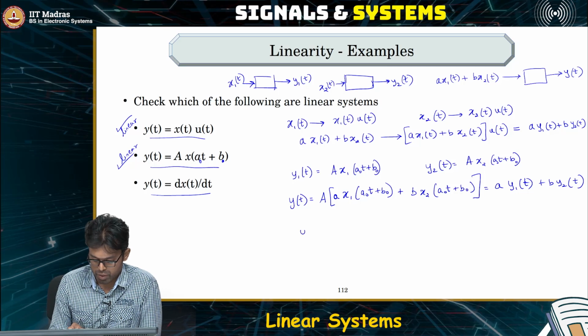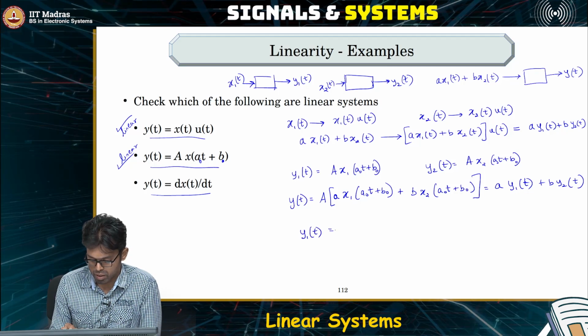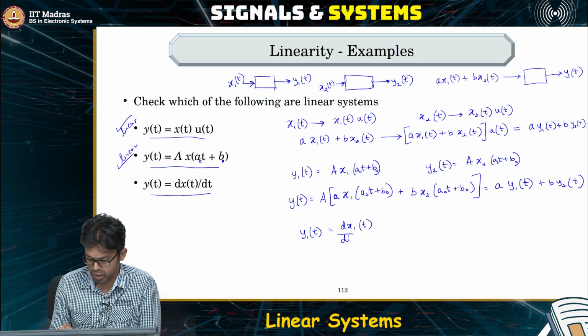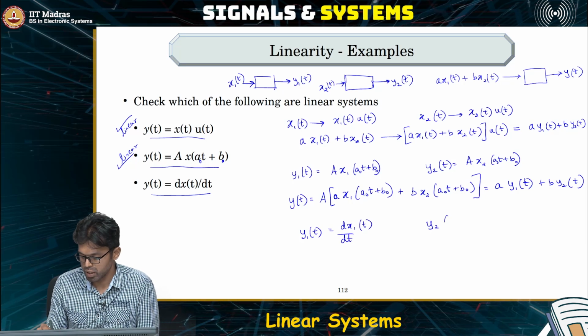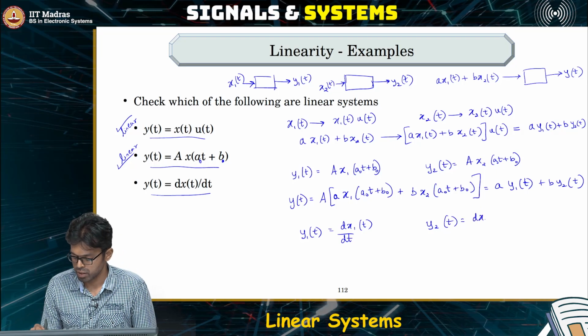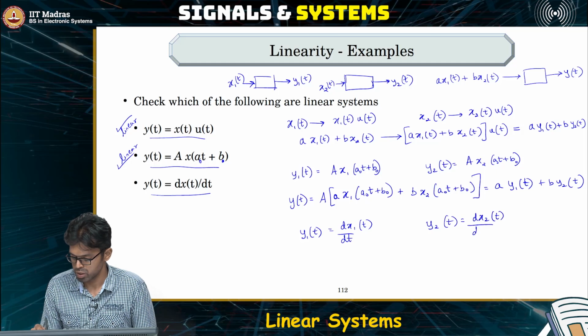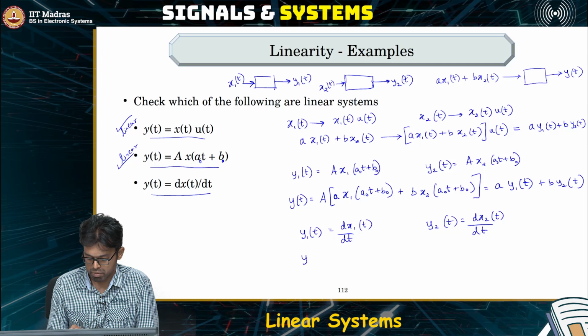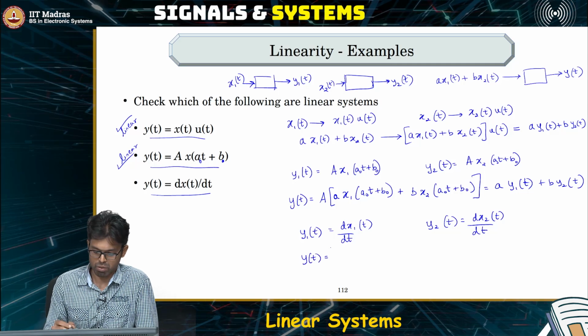So y1 of t is just dx1 by dt. We already saw that the differentiator is a very practical setup, and we know this property very well already from our earlier high school math, but anyway we'll just check it out.